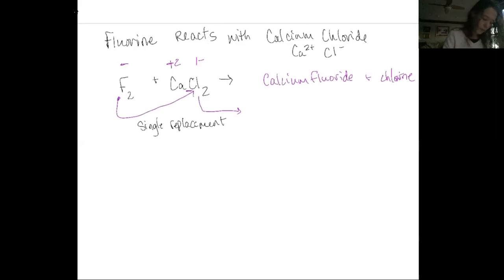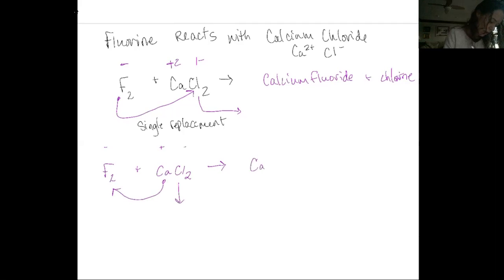Okay, so what we have here is fluorine, diatomic F2, reacts with calcium chloride to produce, now calcium, remember negative, positive, negative, calcium will be with fluorine, and chlorine will be by himself.